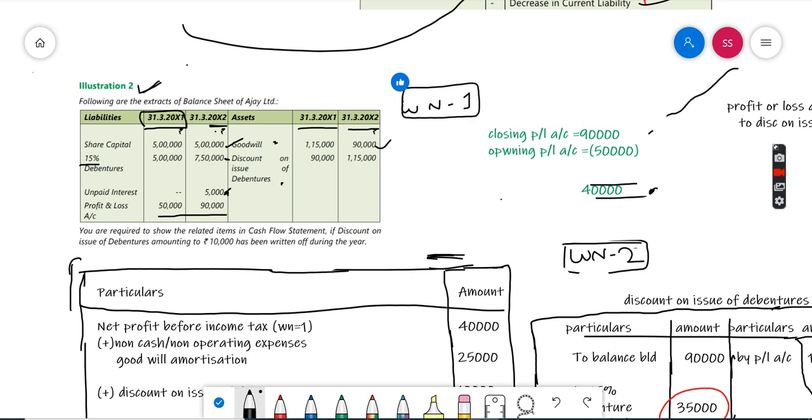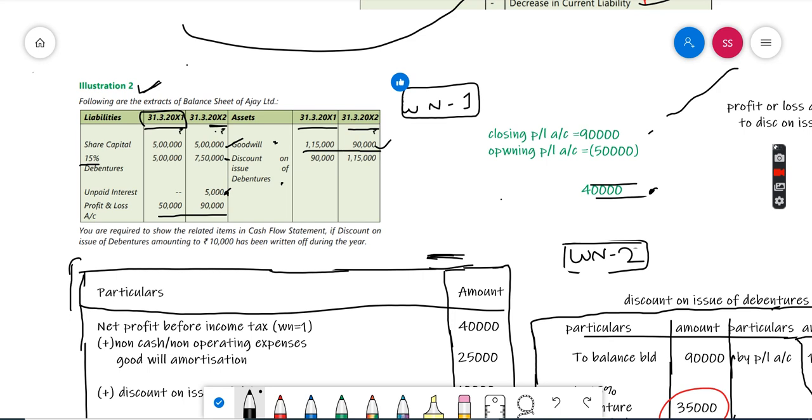If the value of normal assets like building or land decreases, we call it depreciation; if it increases, appreciation. But in intangible assets, if the value of the asset decreases, we call it amortization, right? So now we will call it amortization. There is a difference.